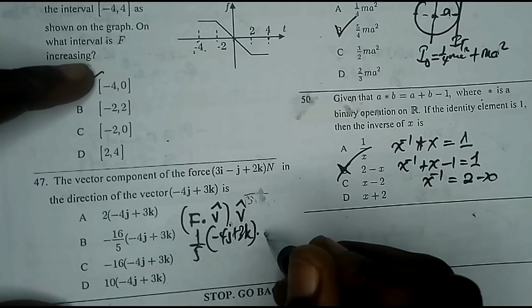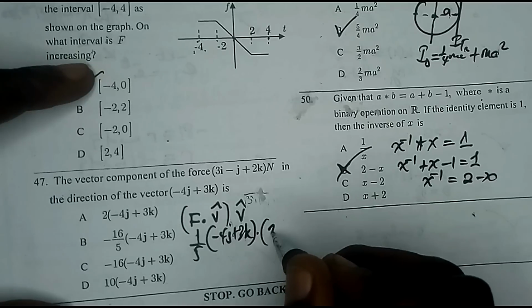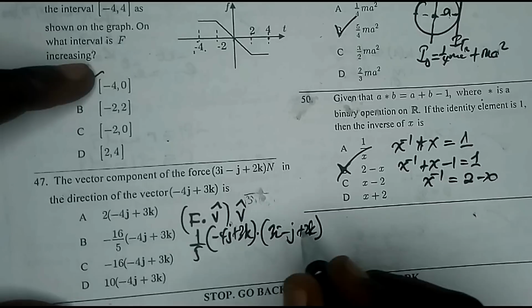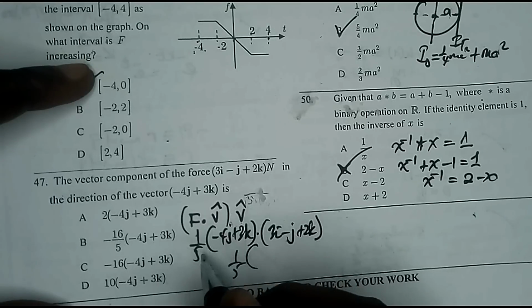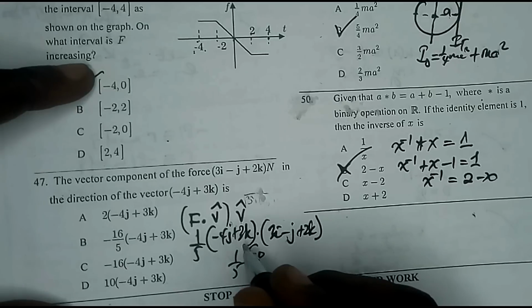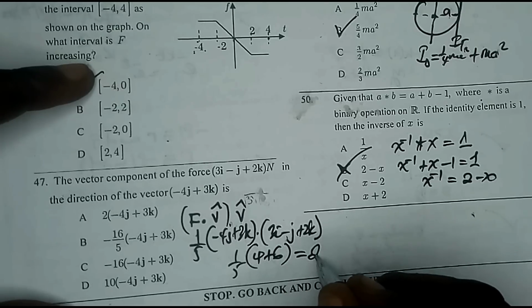I have to dot it with f. When I dot it with f, I should have 3i minus j plus 2k. And that dot product should be 1/5 into 0 times 3i, which is 0, -4 times -1, which is 4, 3 times 2, which is plus 6. And that should give 2.